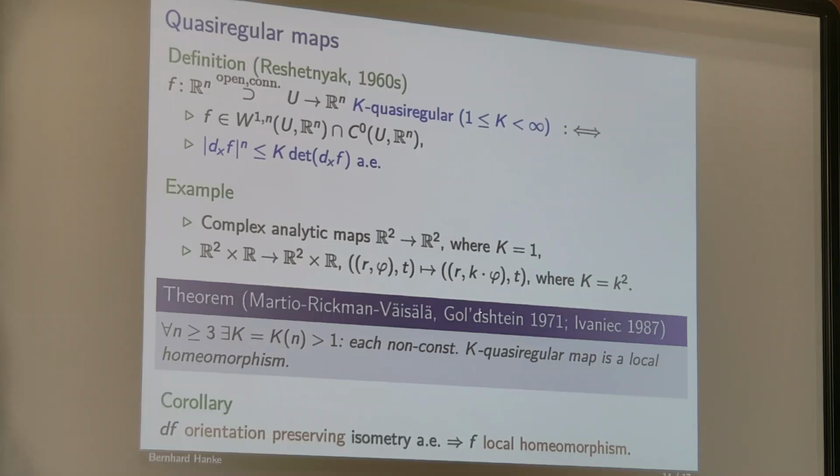In higher dimensions, you can, for example, take the following map. You go from R3 to R3, and the coordinate on the second factor is preserved. And on this plane part, this R2, we take a map which wraps everything around k times, where k is an integer, which can be larger than 2.